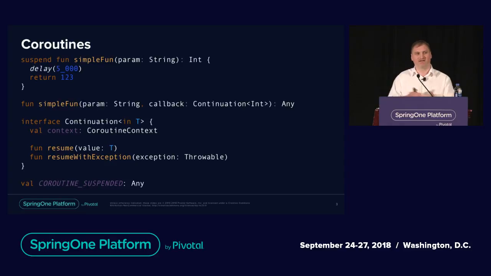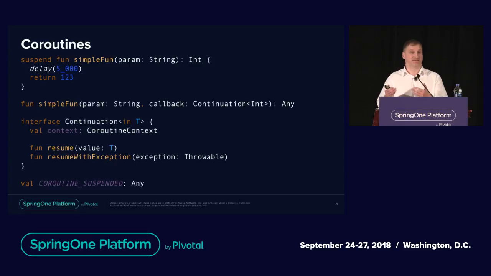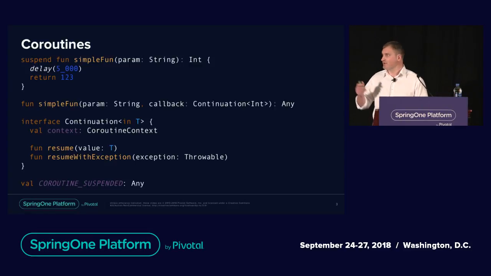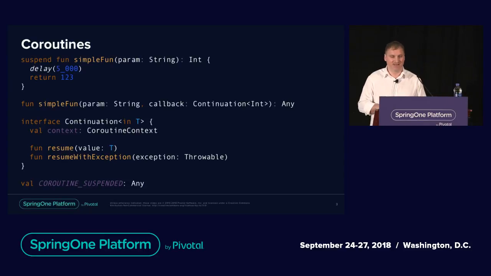And the callback has two functions. One is used for returning a value. The other one is used for returning an exception. So if a suspending function wants to throw an exception, it will use the resumeWithException function. Now, this is how it works prior to Kotlin 1.3, which will be released probably next week.